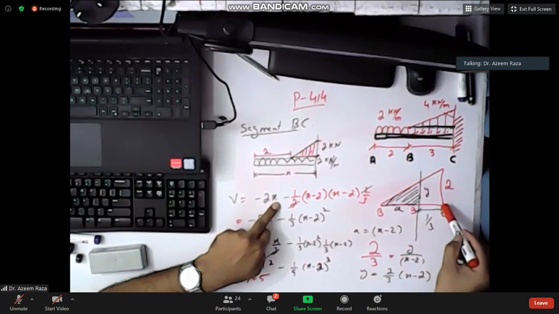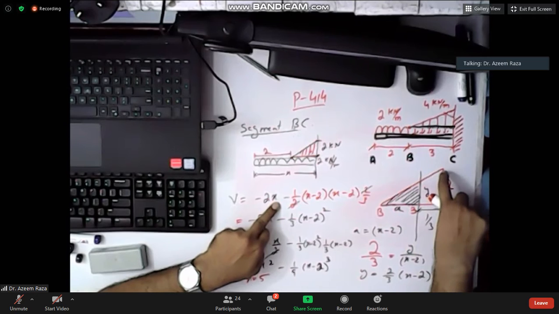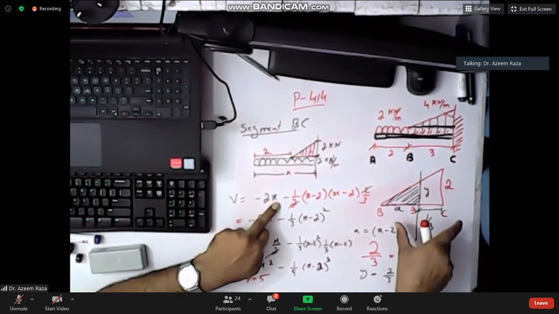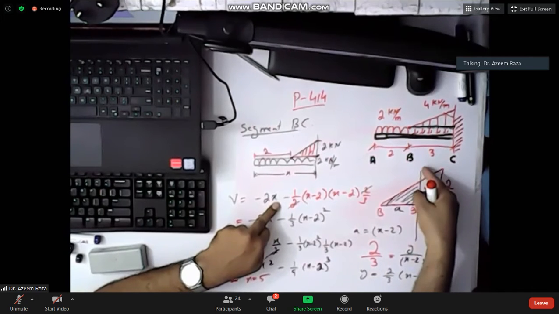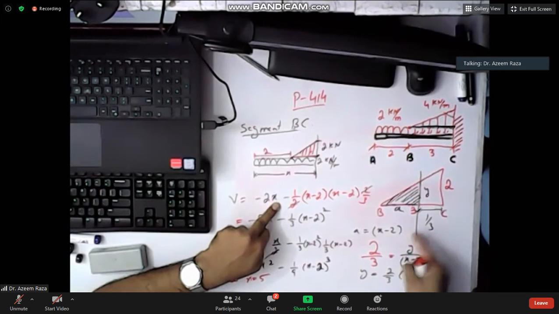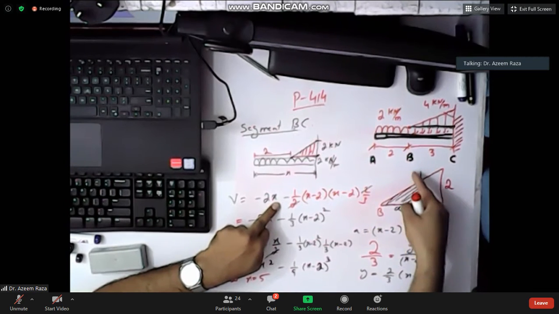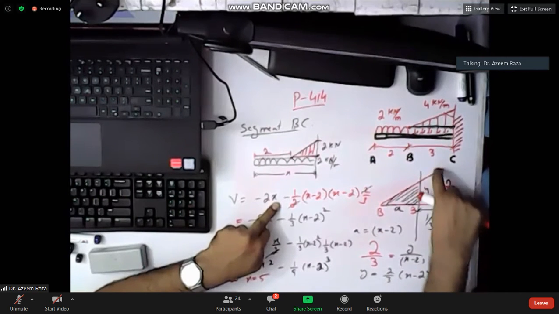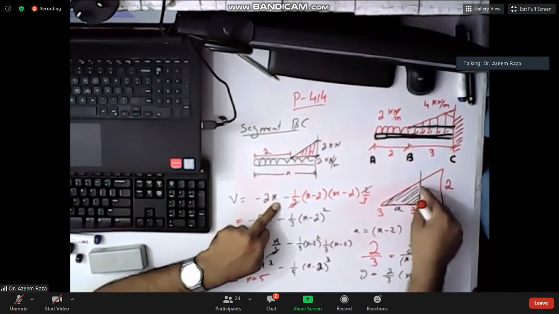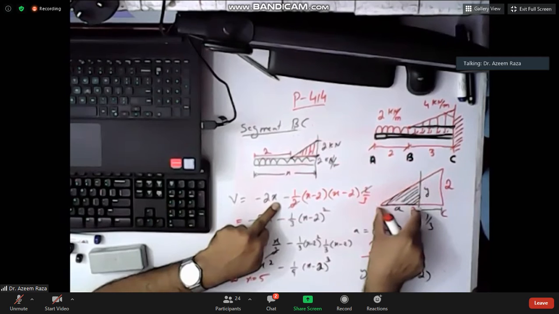This is what we draw as a bigger triangle, and I said you can always use the relationship that these are similar triangles, because we took a segment somewhere here. So the ratio of the sides of this larger triangle must be equal to the ratio of the sides of this smaller triangle. I took a larger triangle that was 2/3, and for the smaller triangle this must be equal to y/a.